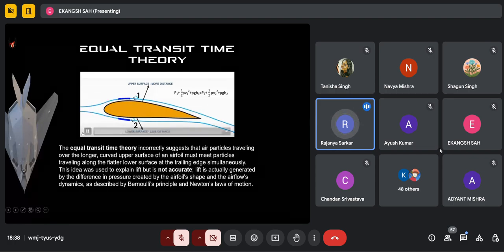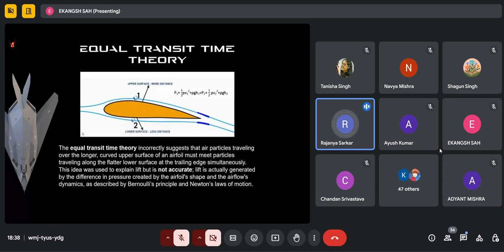Okay. We have seen that there are two theories to explain the generation of lift. One was the equal transit time theory, and another one was the combined effect of the Coanda effect and Newton's third law of motion.